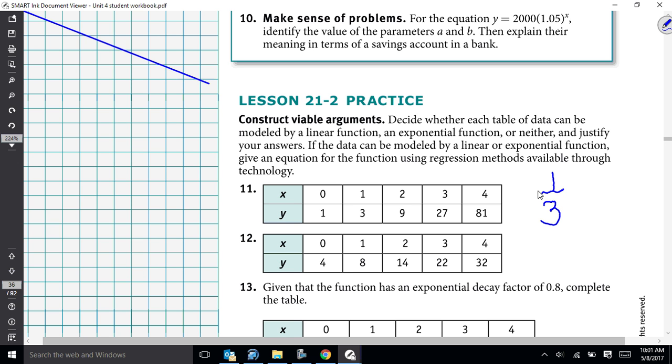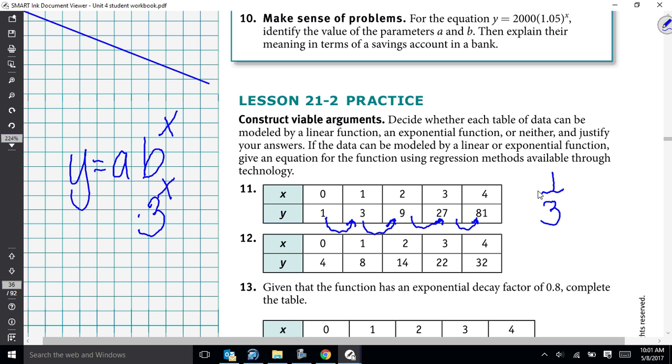Alright, so if I was to make up the equation for this, what's our b value? 3, because that's what we're multiplying by each time.